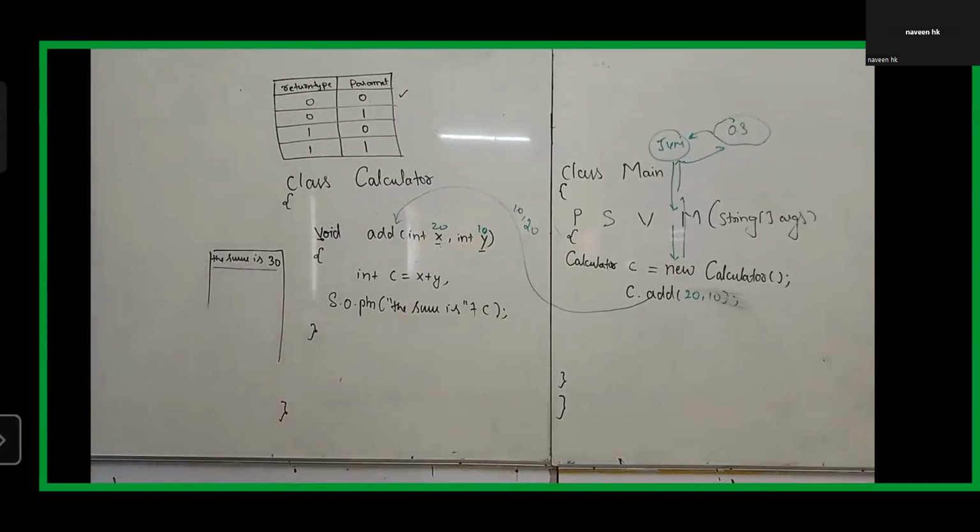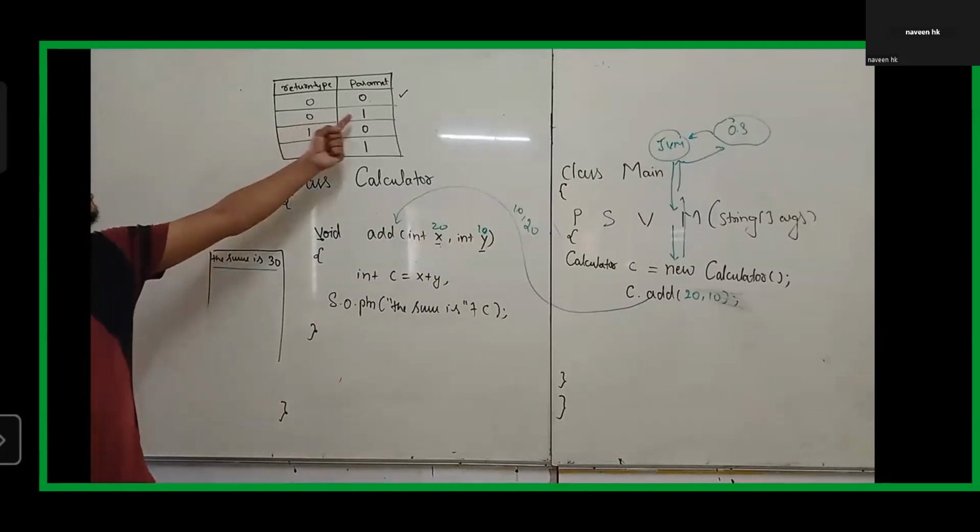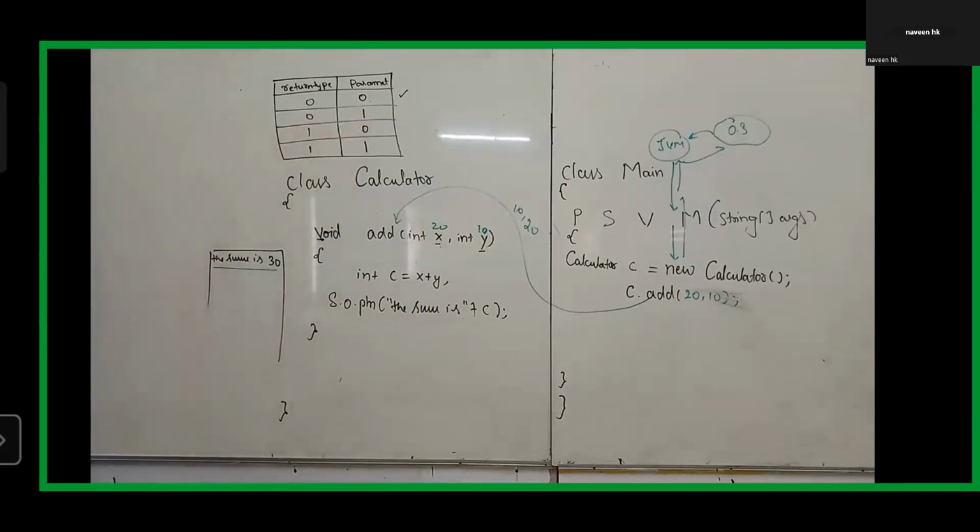This is the second thing with no return type and with parameter. Heading you write down as with no return type and with parameter and write down this program.